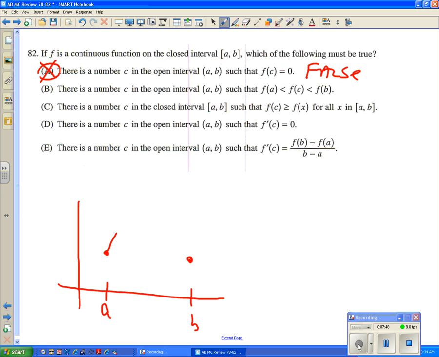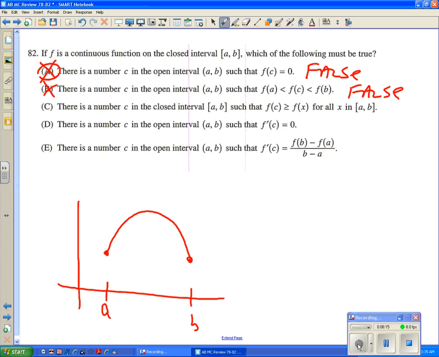And there wouldn't be any value between A and B that would be between A and B, because A and B are the same number. So I can think of situations where this is not true, so it's not a must. So that's a false.